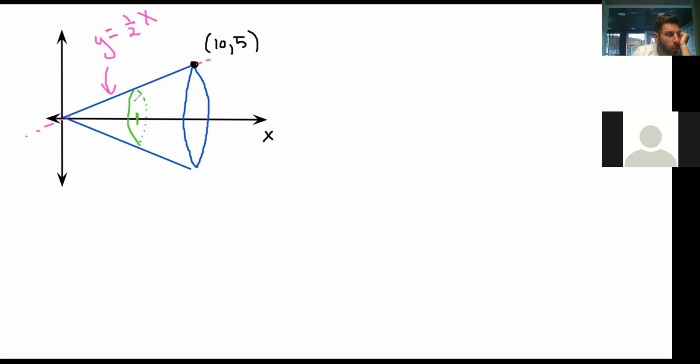Well, if this is the point x, what do we have? We have the area of x is pi times the radius squared. Well, the radius would be the exact point here, which is x comma 1/2 x. So literally, I put 1/2 x in here because that's the radius squared.